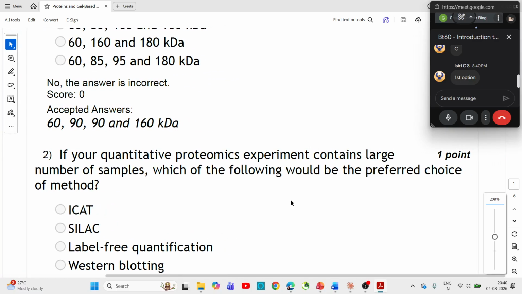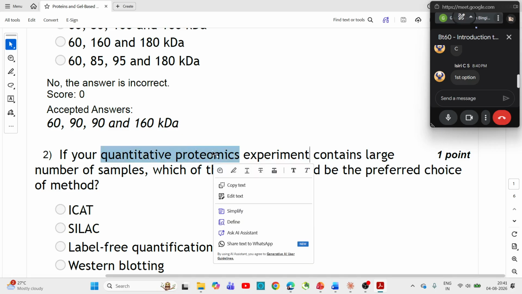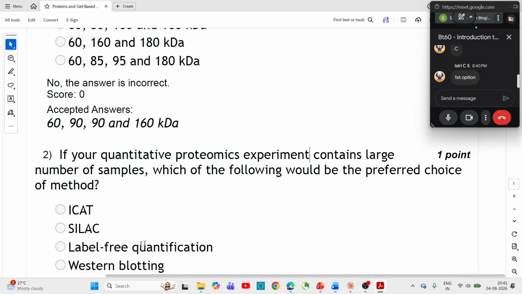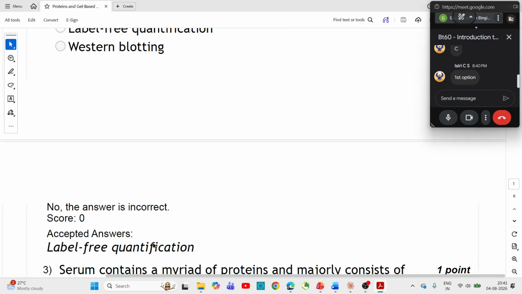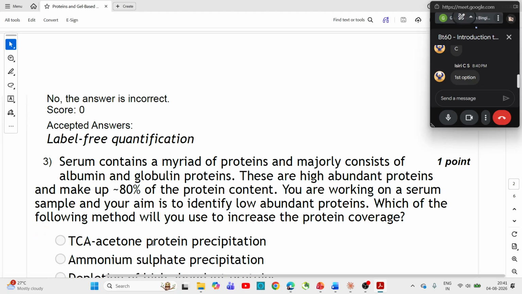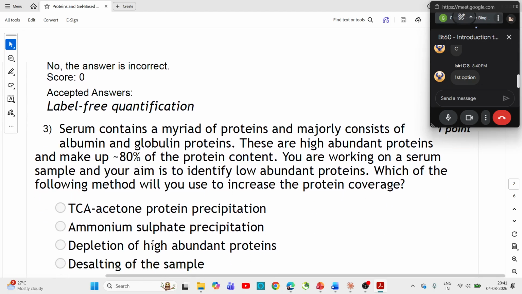So the question itself tells about that quantitative. So it's label-free quantification. Okay. So try and find which method you need to consider.